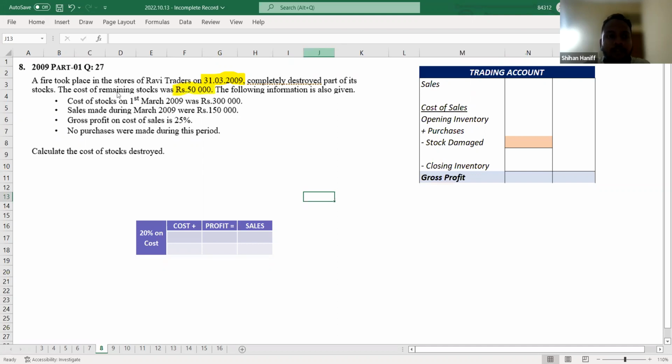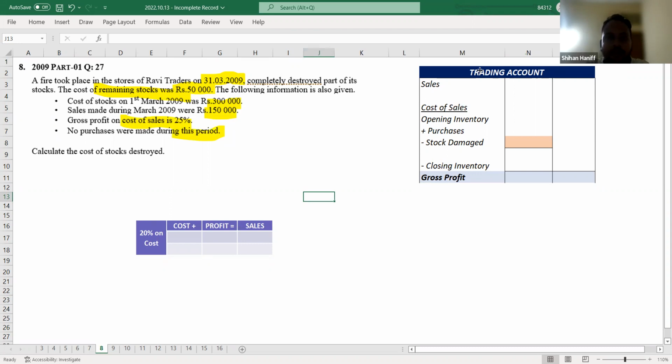So remaining stock is 50,000. The following information is also given. 1st of March, 300,000, sales 150. Gross profit on cost of sales is 25%. On cost of sales, 25%. No purchases were made during this period. There are no purchases. Okay.